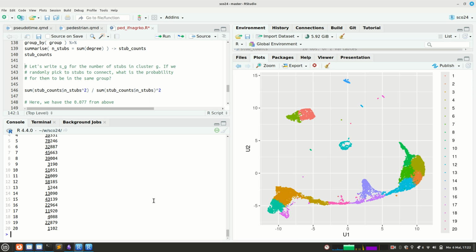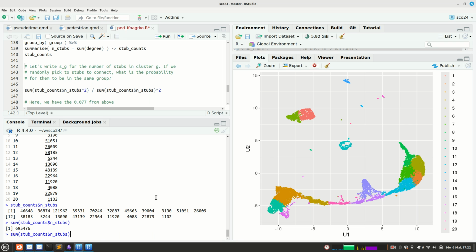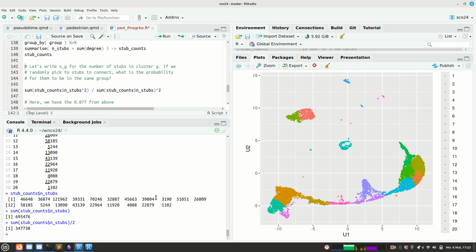Very simple, I just add this up. Stub counts n. This is the number of stubs, and if I sum this up, then I get the number of edges. Actually, I get twice the number of edges, because each edge appears twice in this table, once with its start vertex, and once with its end vertex.